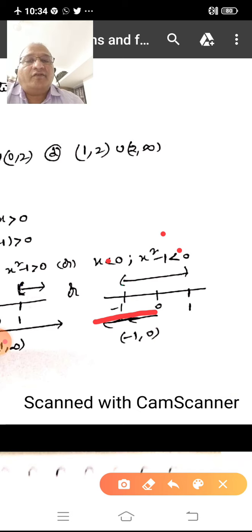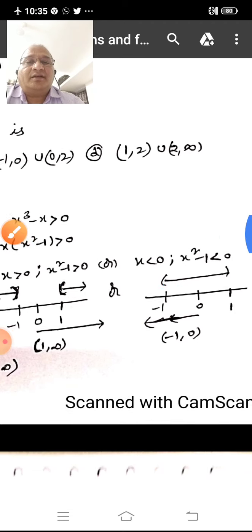Opposite sign, the x value lies within the interval. The common points means intersection of both should happen, both should be negative, then only the total expression will be positive. So the intersection of these two is minus 1 to 0.